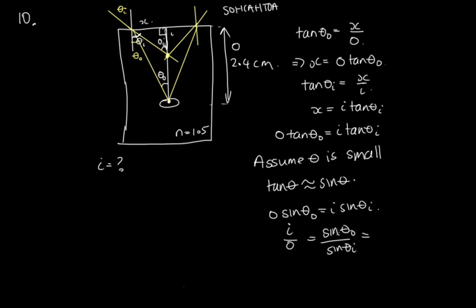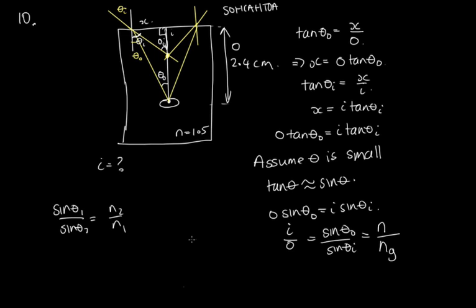And now we can use Snell's law. Sine theta O, that's the angle of incidence in the medium with n equals 1.5. So we know that this is n of the glass down the bottom, because we have sine theta 1 on sine theta 2 is equal to n2 on n1.